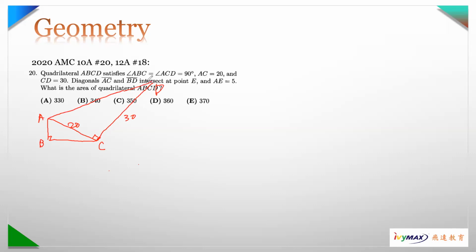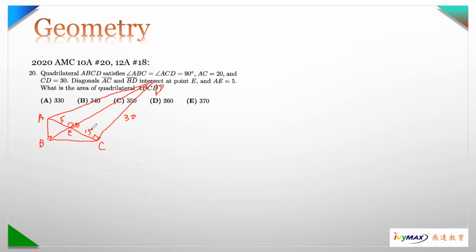Okay, and diagonals AC and BD intersect at point E. Okay, I just connect those. That gives you the point E here in the middle. Okay, and it tells you AE is 5, and automatically EC is 15, right? So what is the area of the quadrilateral?